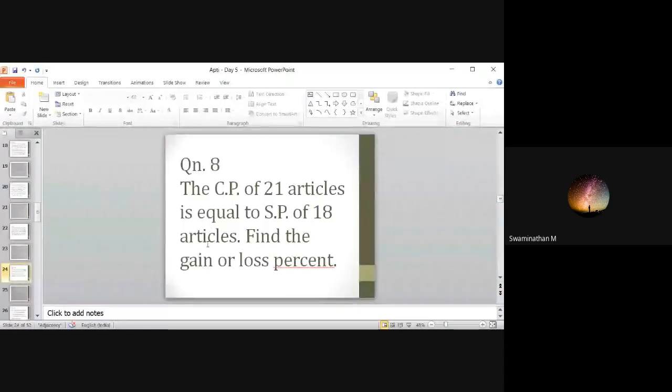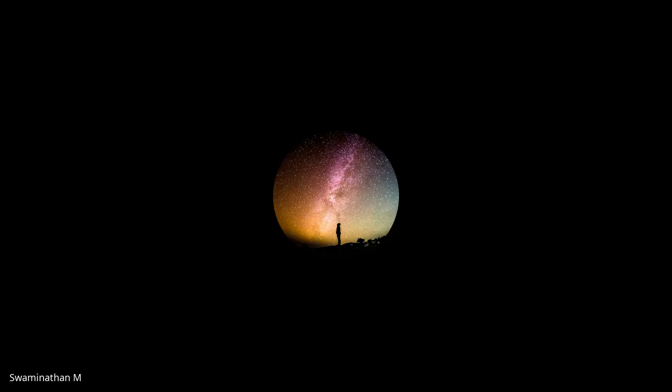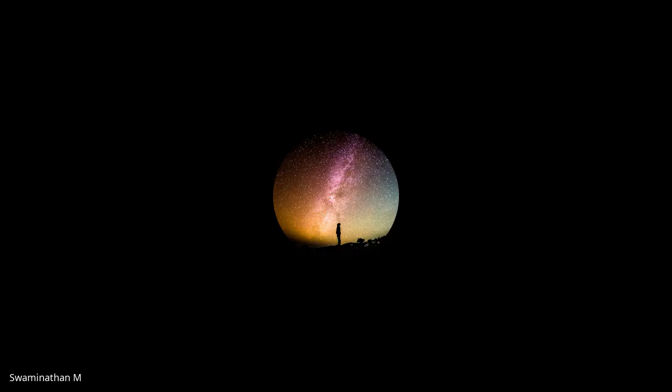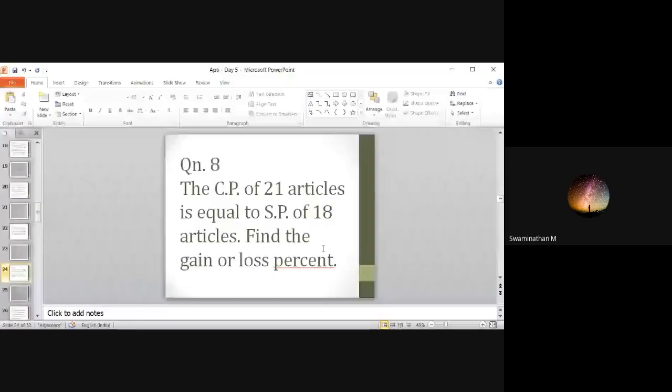But the selling price of 18 articles will be equal to the cost price of 21. So the selling price of 18 articles will be equal to 21. 18 is the cost, 21 is the selling price of 18 articles. It is a gain. So find the gain percent. 16.67.